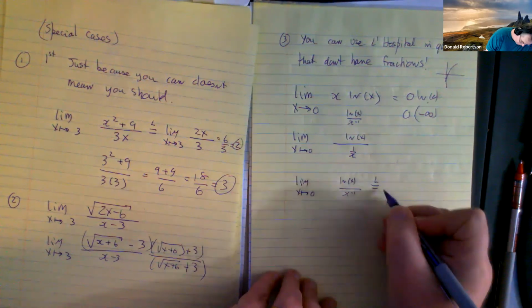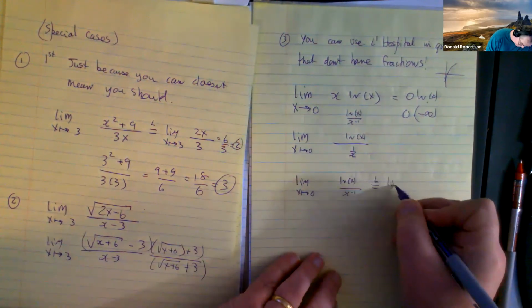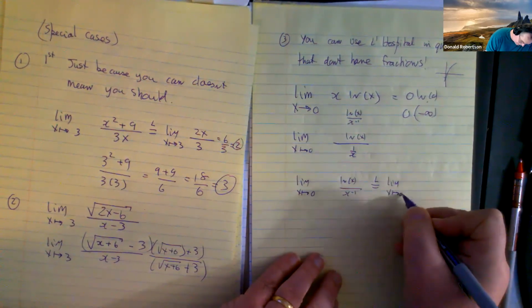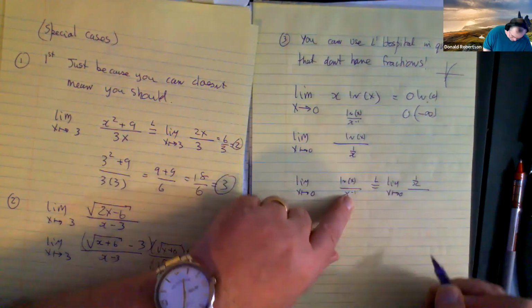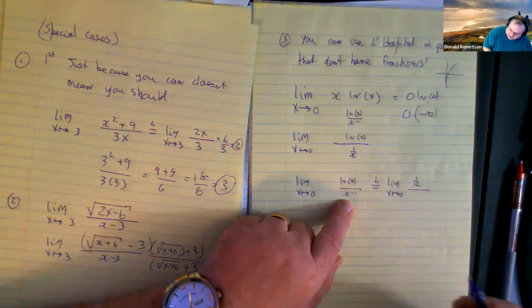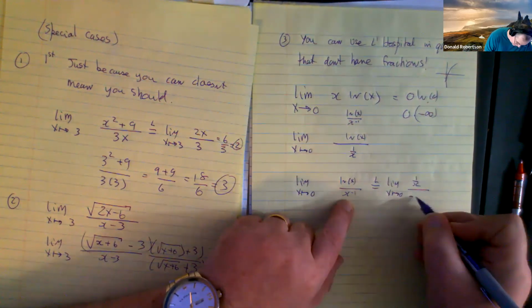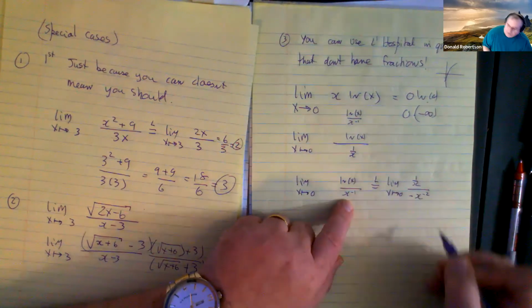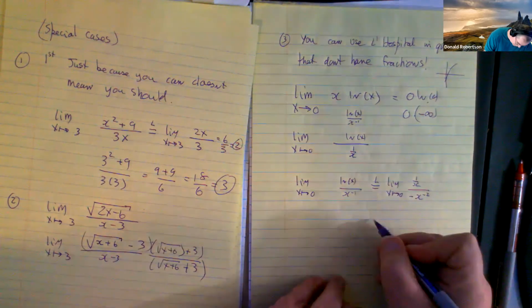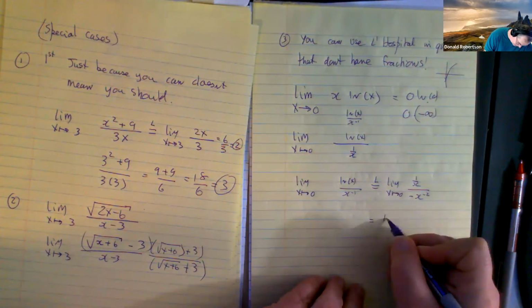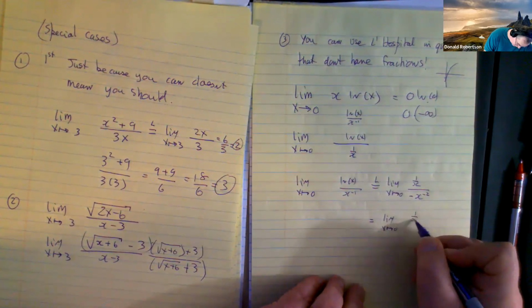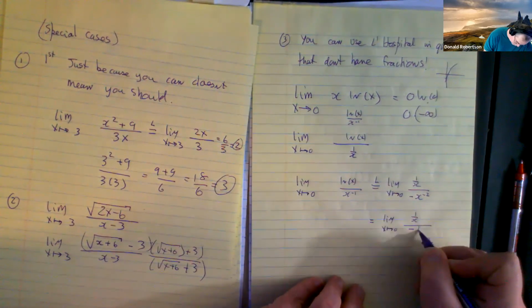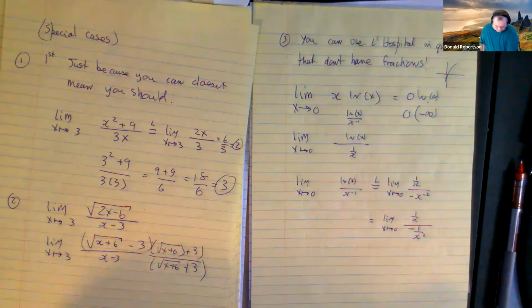If I do L'Hopital on it, if you differentiate a log, you get 1 over x. If you differentiate x to the -1, you get negative x to the power of minus 2. If I do some algebra on that, it's 1 over x, negative 1 over x squared.